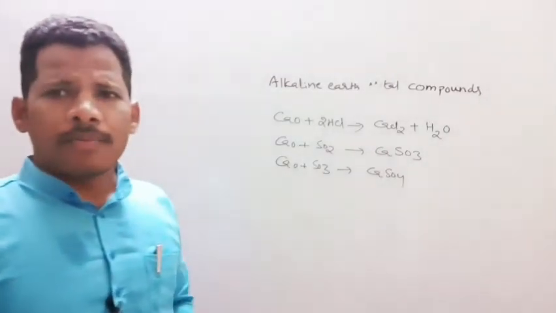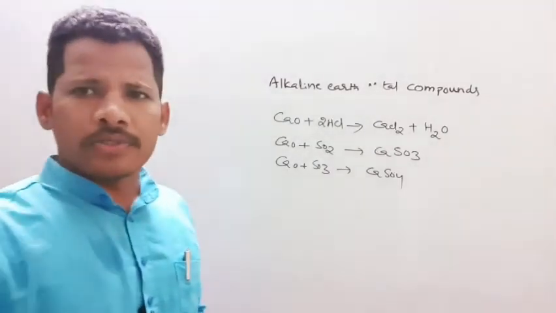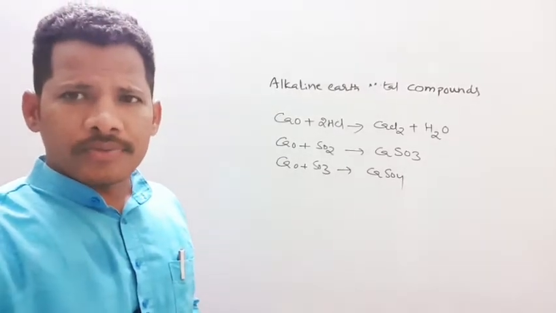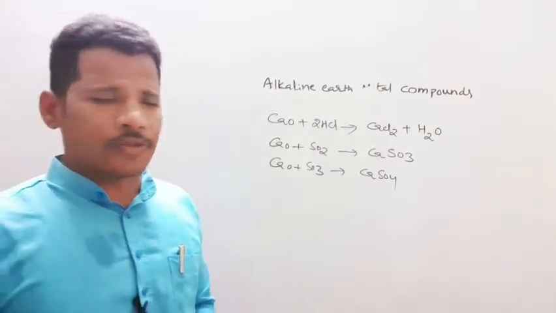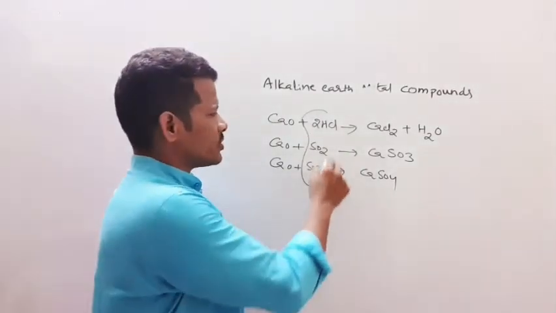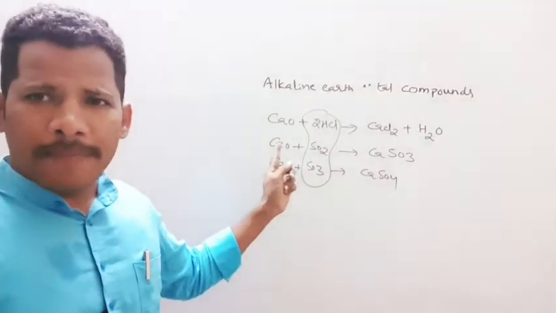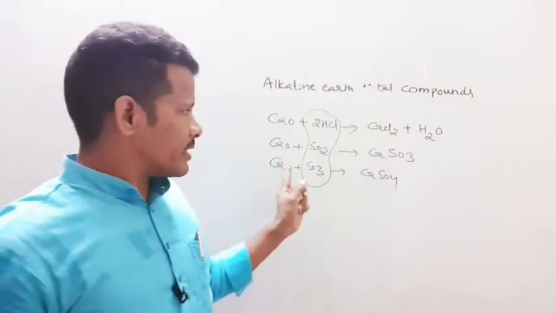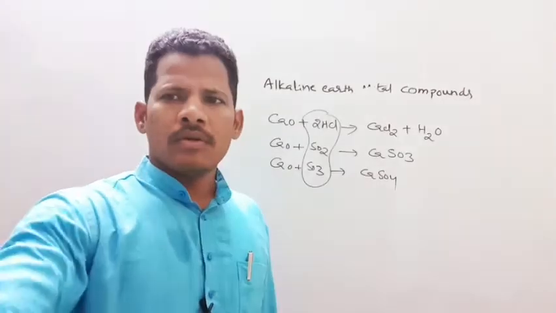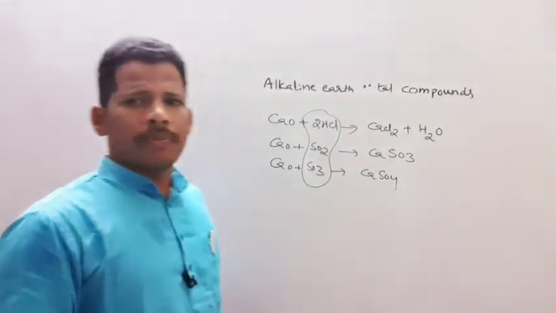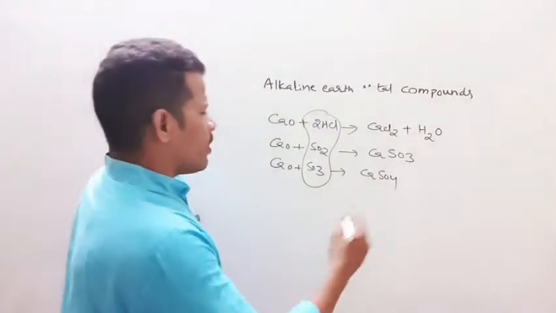So these are the properties related to chemical properties. Kindly focus on these properties, simple examples only. These reactions show that it is a basic oxide. Basic oxide reacts with non-metal oxides, and it is also used in the preparation of washing soda.